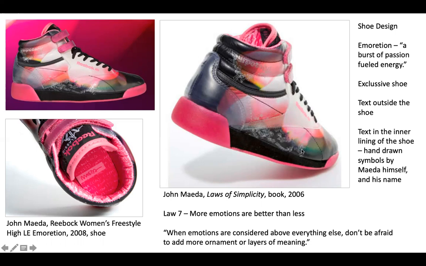Because the edges seem to be very hazy, and some of the colors are less defined than others. So it really looks like spray paint. And again, the colors are typical spray paint, very, very bright. Well, at any rate, the important thing about this shoe is that the colors are hot pink, right?